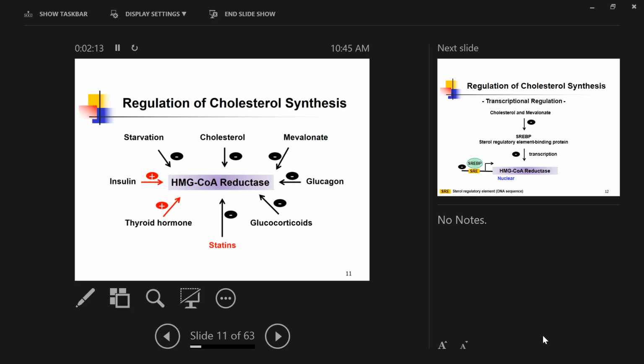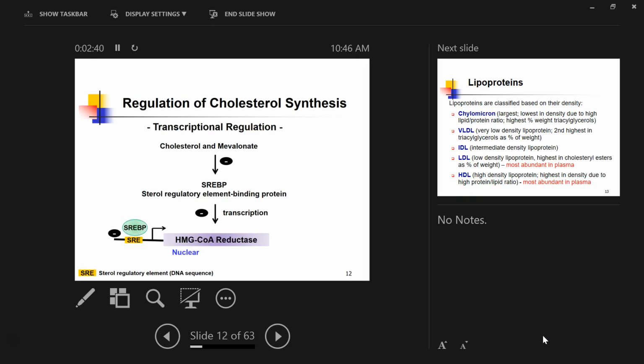And the two substrates that are very important in regulating cholesterol synthesis are cholesterol and mevalonate. So once these two substrate levels increase, then the HMG-CoA reductase will be inhibited, so then cholesterol synthesis will be slowed down.